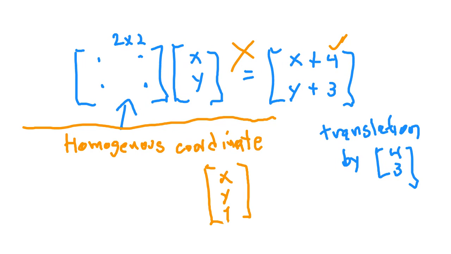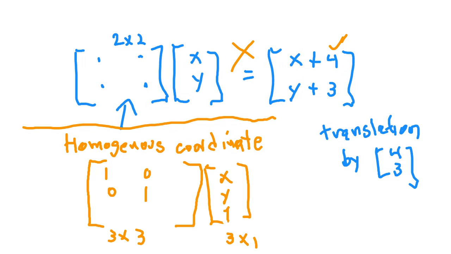Now, this is a 3x1, so you're going to have to multiply by a 3x3. You have 9 entries, but in the top left-hand corner, you just keep the identity matrix there.